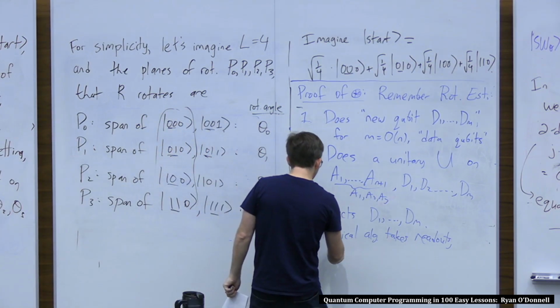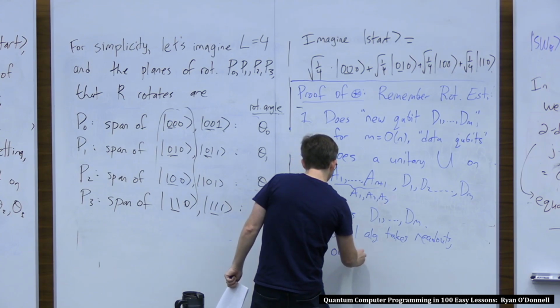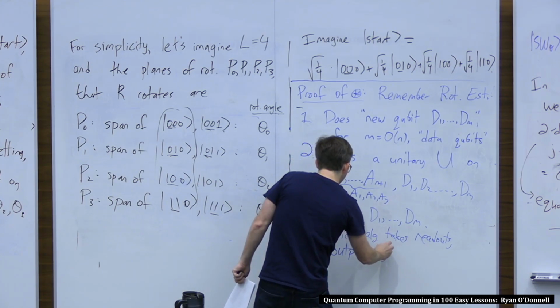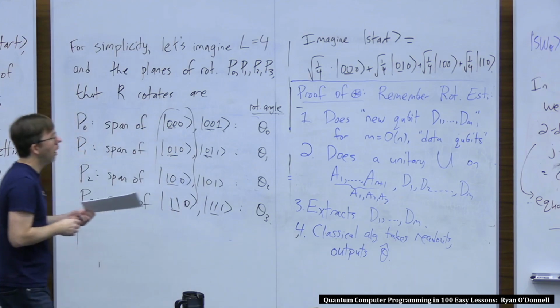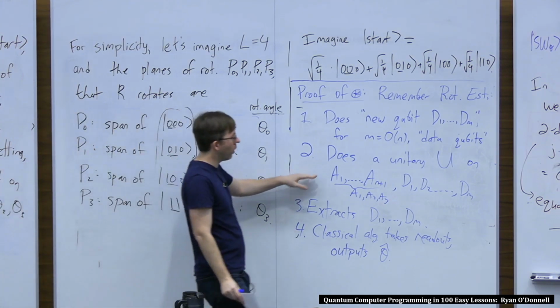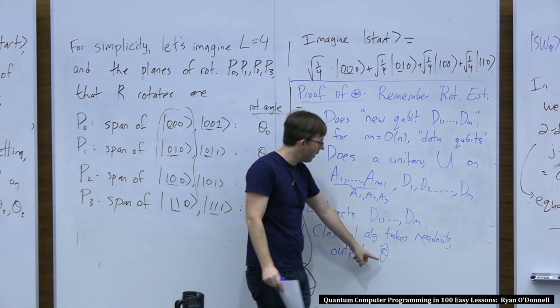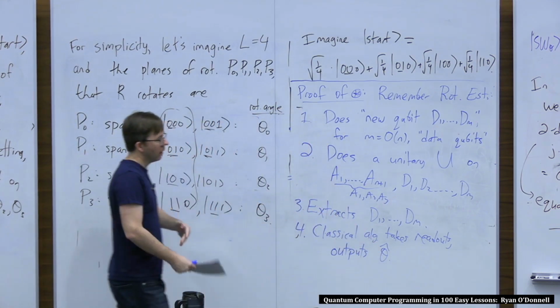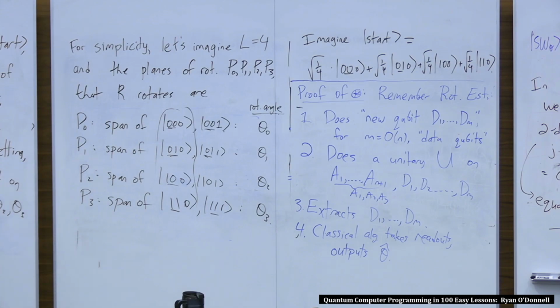So it takes the readouts and outputs theta hat, which is its estimate. And the point is that if the initial state of the qubits was exactly in the plane of rotation by theta, then this would equal theta, with all the digits of theta, with high probability.